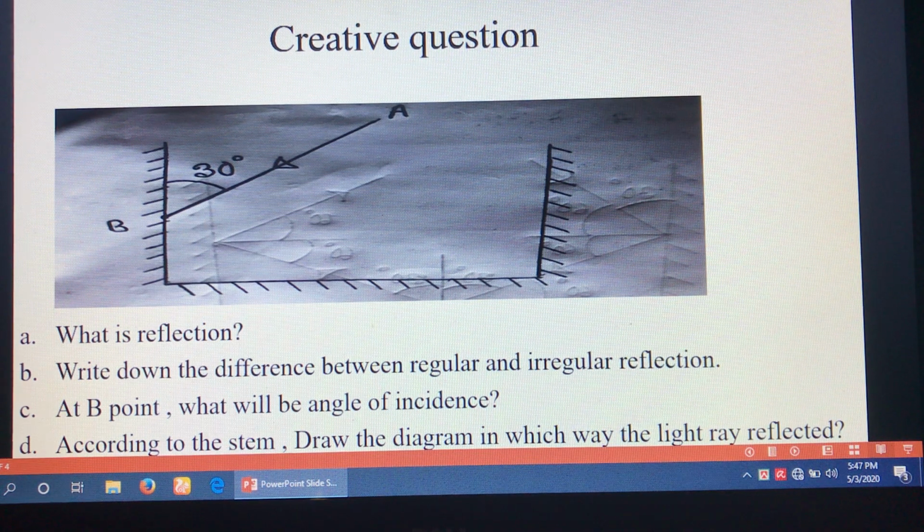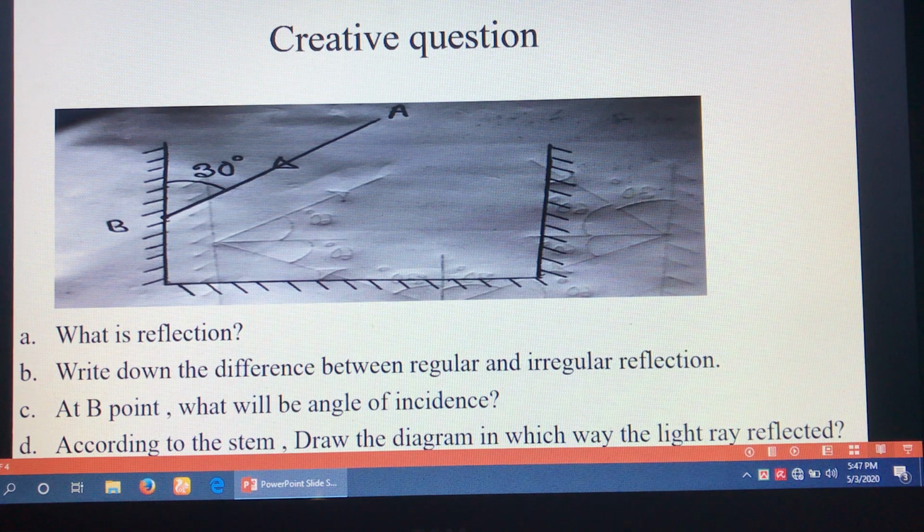Now question C, at point B what will be the angle of incidence? The angle of incidence means the angle between the normal and the incident ray.